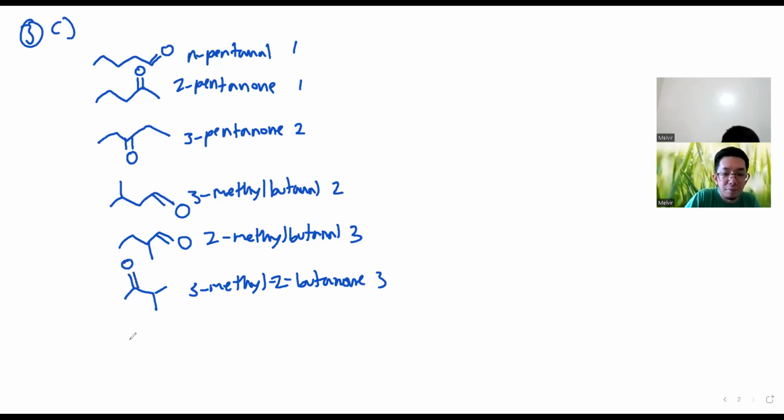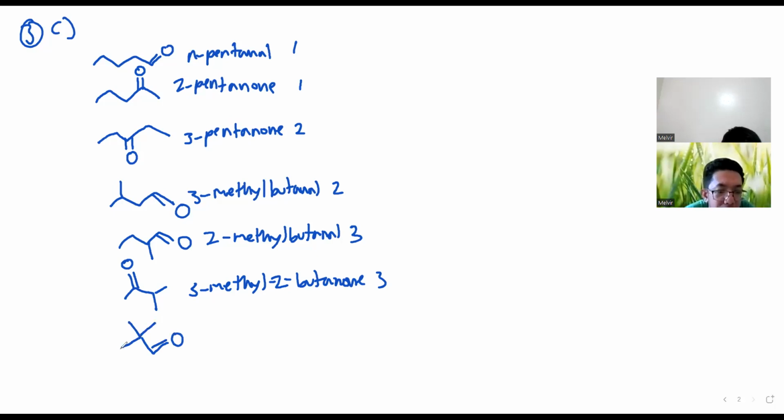Yun. And then, parang meron na tapong tertiary dito. Basta walang tertiary dyan. I mean, kung gagawa ka ng alcohol, tertiary alcohol. Hindi po, aldehyde.